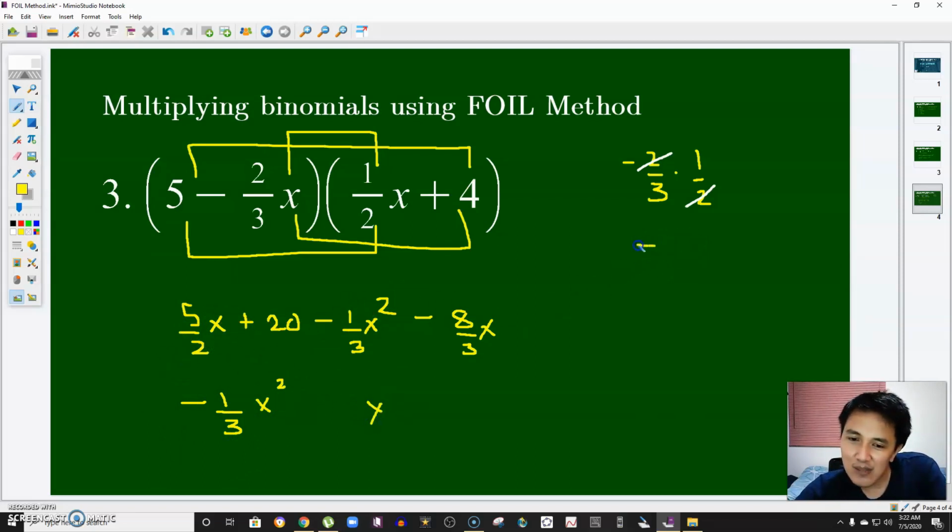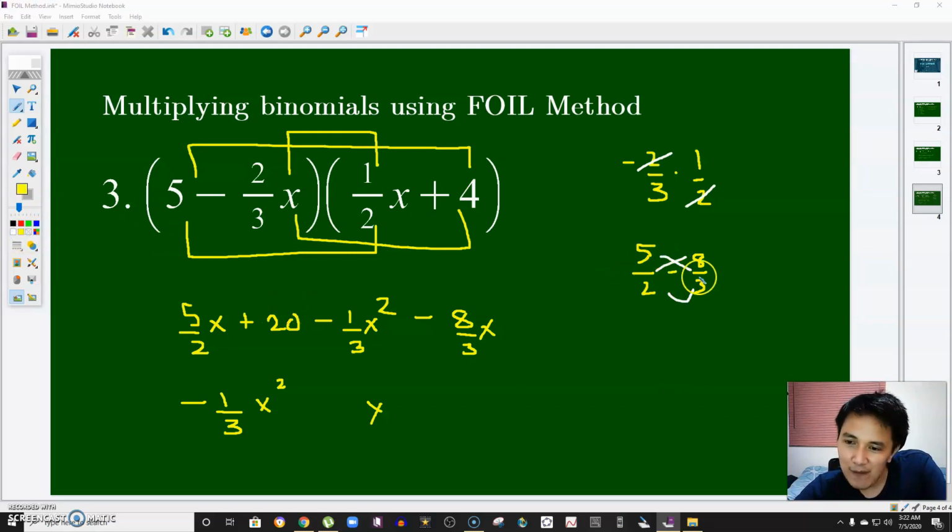That's actually 5 halves minus 8/3. Actually, some of you get the procedure of the FOIL method. However, sometimes with examples like this with fractions, that's where mistakes happen, right? So, I hope not. Actually, the operation of fractions is not that hard. Just like this. Okay? That simple.